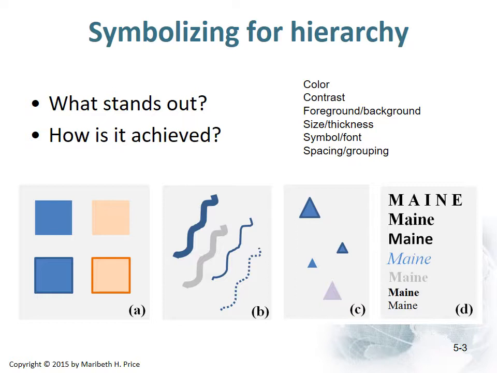So in two different sets of polygons, the lower set has a highlighted line around them. So we're seeing those emphasized against the background. They stand out better against the background than the upper two color polygons. The upper two tend to blend into the background more.